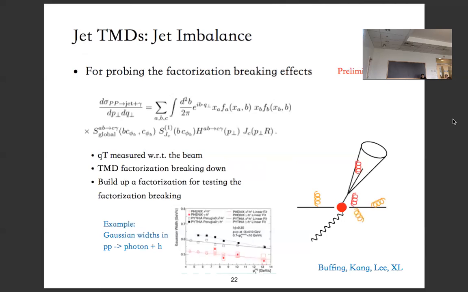But the problem is, what's the factorization breaking down? Breaking down means that you should first have a factorization theorem, and then you can use that to test the deviation of the data from your factorization prediction. So based on SCET, we come up with a factorization theorem for the imbalance.